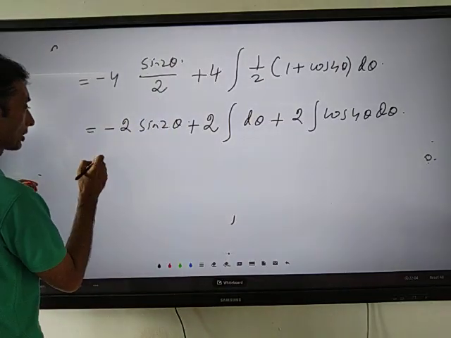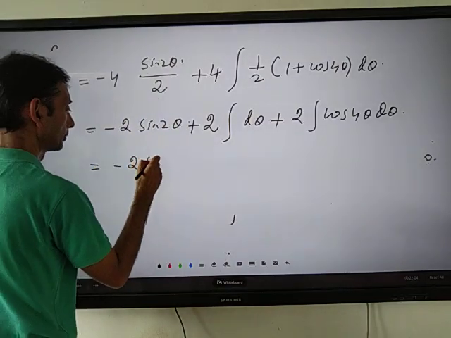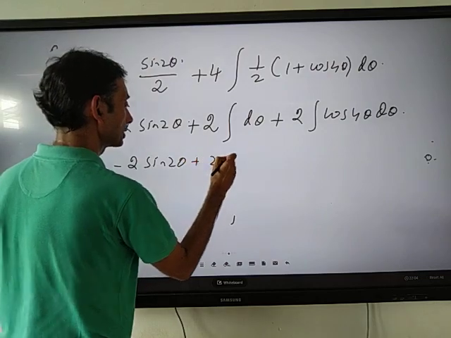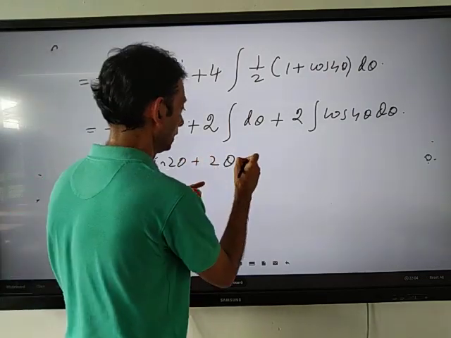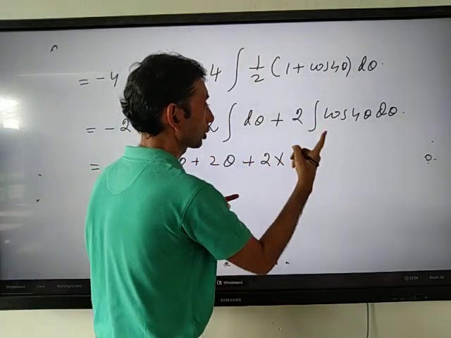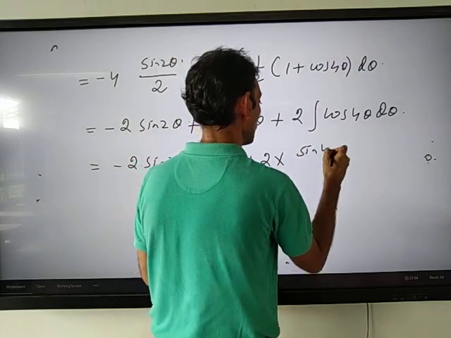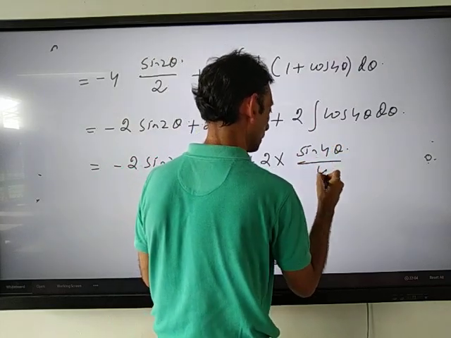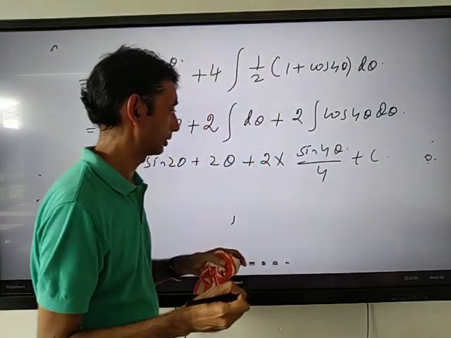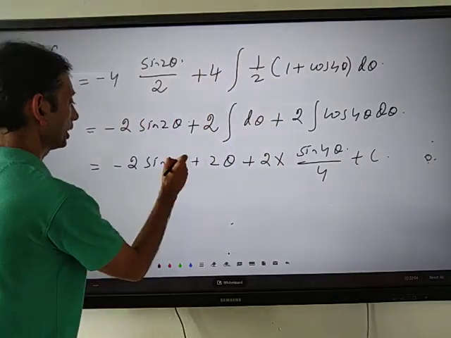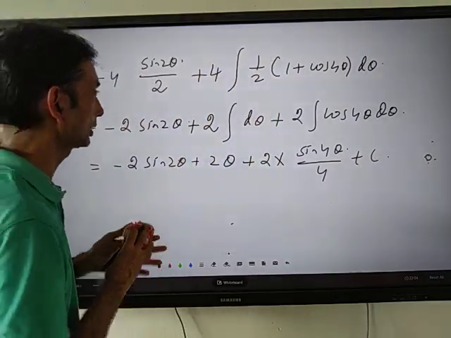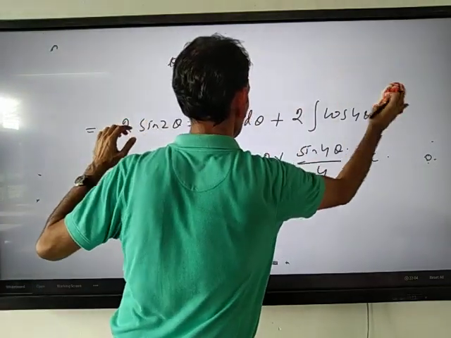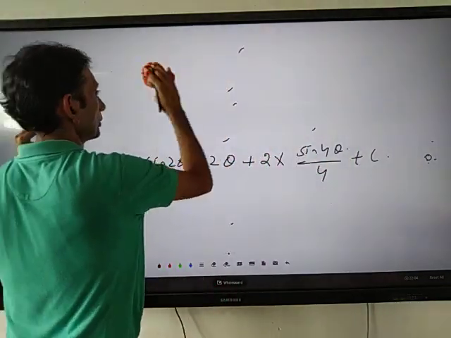And finally you can write all the integrations now. Minus 2 sine 2 theta plus 2 theta, and this is 2, and cos 4 theta is sine 4 theta by 4, plus c. It's done. Now we need to remember what we substituted for x.